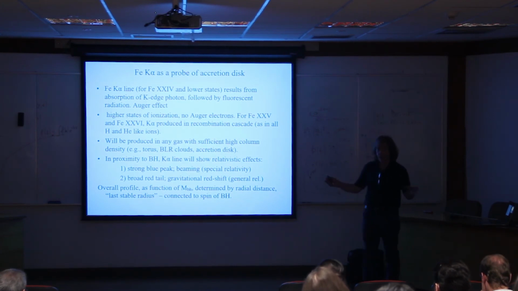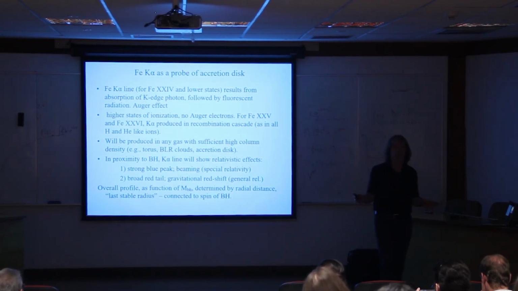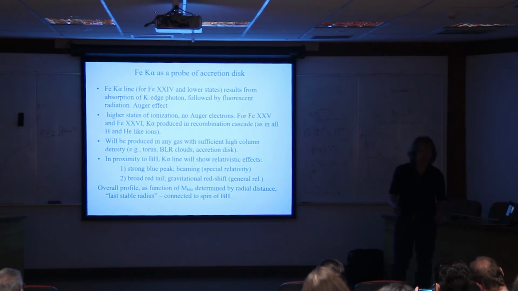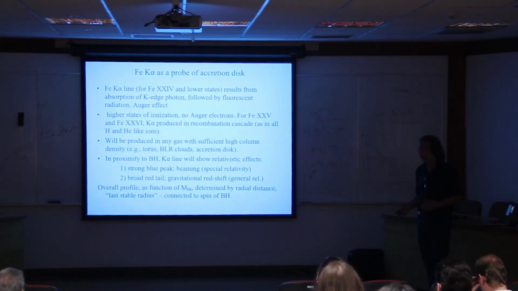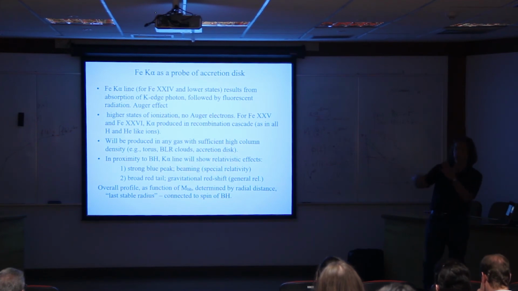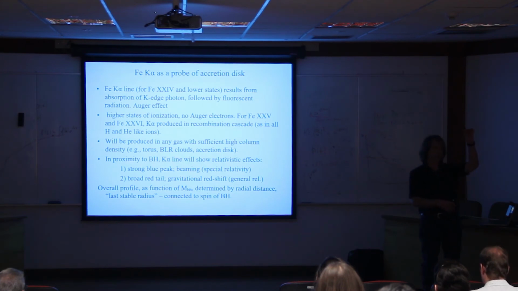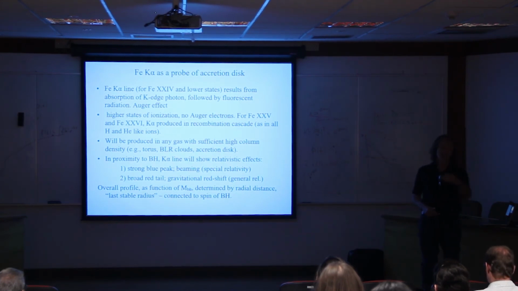So if we got the black hole mass from reverberation mapping or single epoch methods, or somebody told us, then if you can look at the K alpha line and measure its profile, and look at how much the red end of the line has been stretched out by general relativity and how much the blue end is peaked, and you know your line of sight inclination to the system, which is another factor you have to put in here, you can determine things like the spin of the black hole.